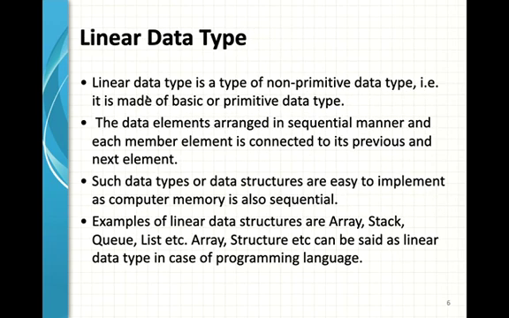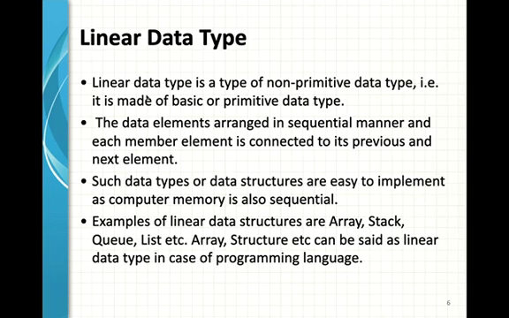Now linear data type. Linear data type is a type of non-primitive data type. That is, it is made of basic or primitive data types. Okay, that means linear data type is also a kind of non-primitive data type, and it is basically made of the primitive data types. Now the data elements are arranged in a sequential manner, and each element is connected to its previous and next element.